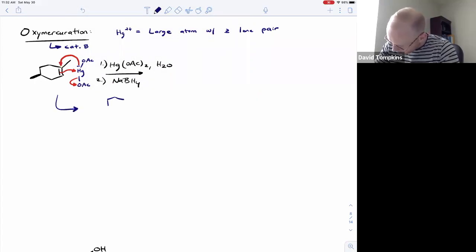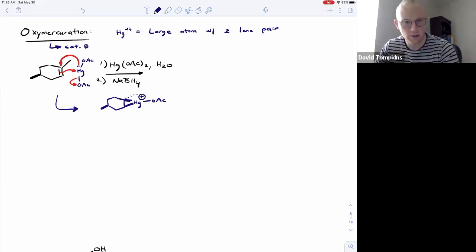One where mercury could form a bridge from the top face of the pi system, cis to the methyl group, and that would push the other methyl group back as it rehybridizes to sp3, and the mercury now has 3 bonds or is sharing an extra pair of electrons, so it's positively charged, just like all other bridge intermediates we saw containing a positive charge and therefore are electrophilic.